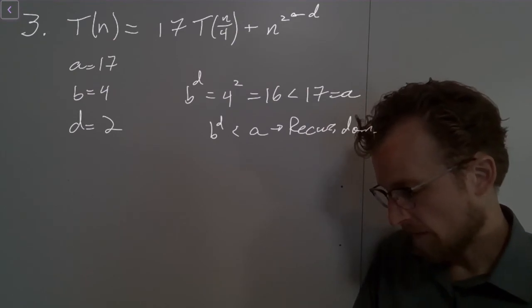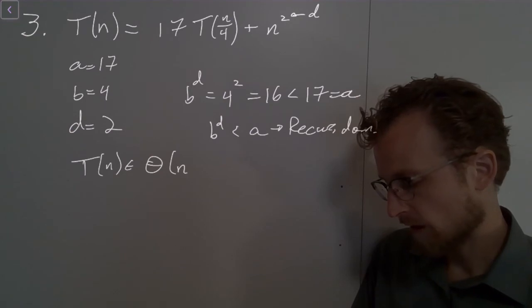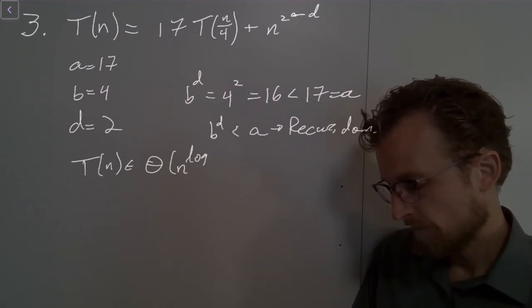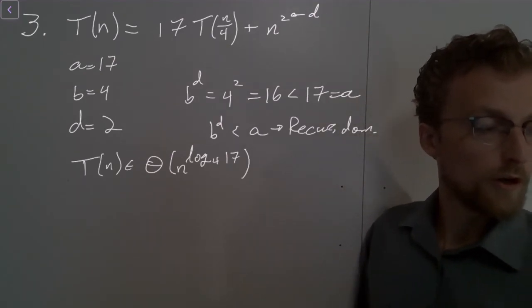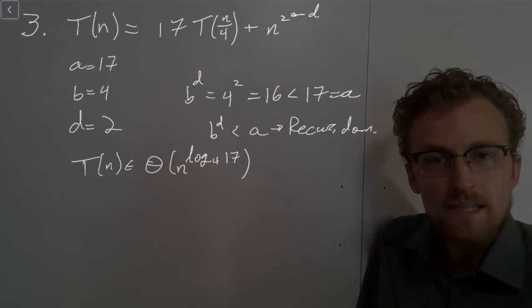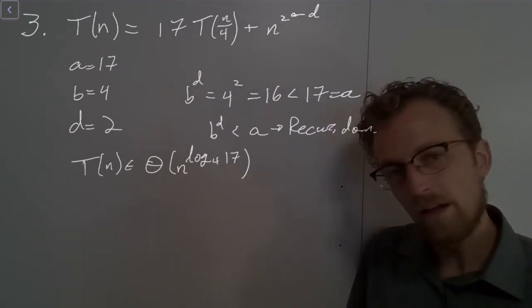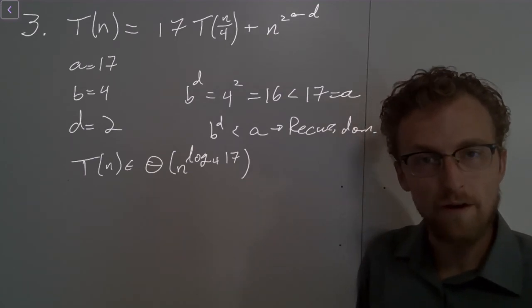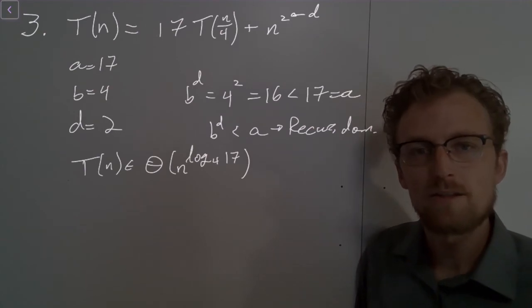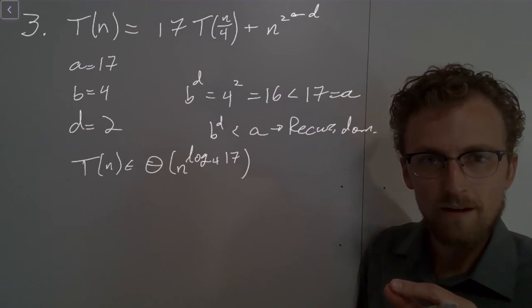Okay, and then that means our T of n is big theta of that strange polynomial, n to the log base 4 of 17. And just for fun, what is log base 4 of 17? Well, it's very close to 2. 4 squared is 16, and it takes just a tiny bit larger exponent on 4 to give us 17.